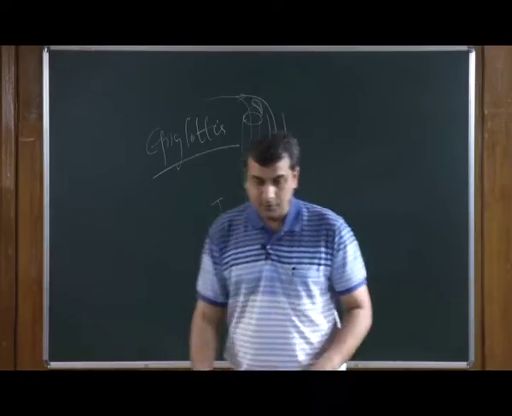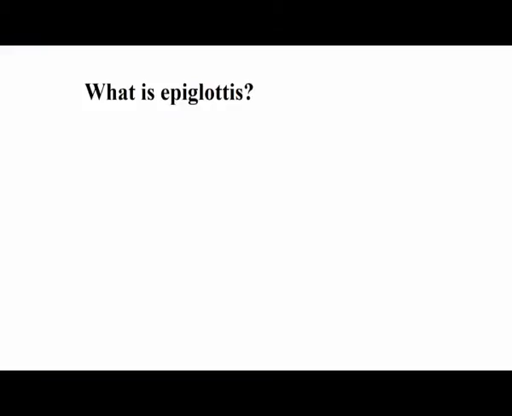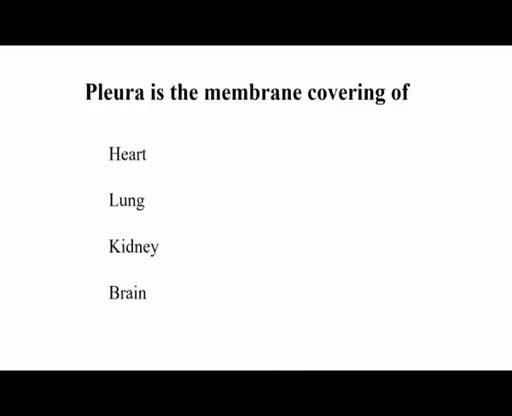Okay. Let us move to the next question, and the next question is pleura. So, what is pleura? The question is like that: pleura is a membrane covering of... I just rephrased the question, but we need to understand what is pleura. We have discussed this thing, and again I am just highlighting this point.